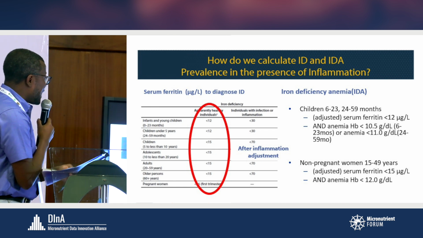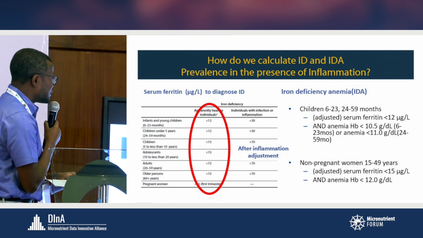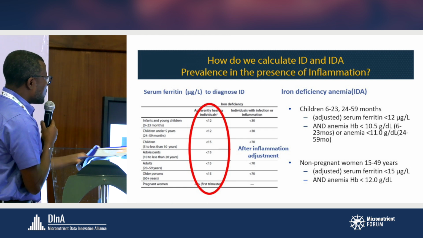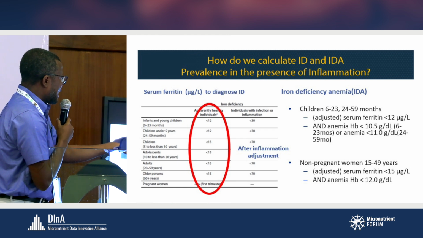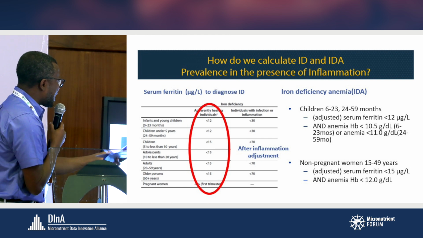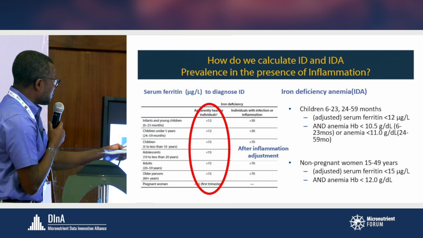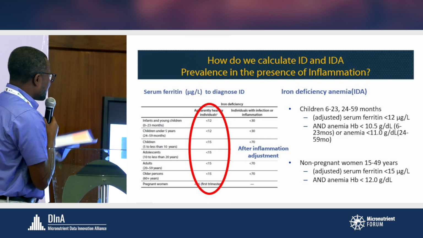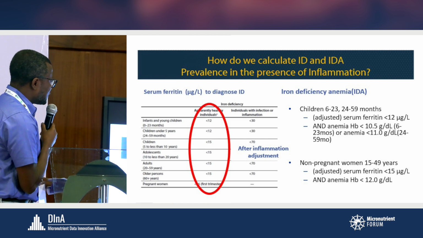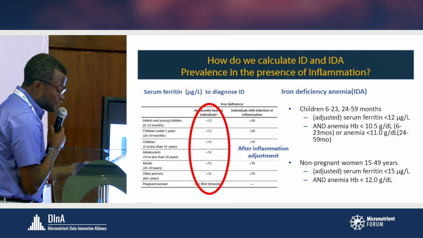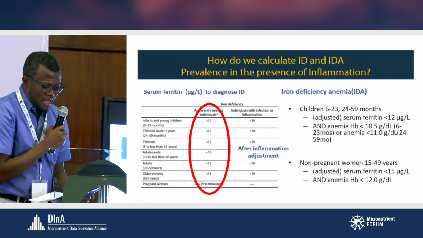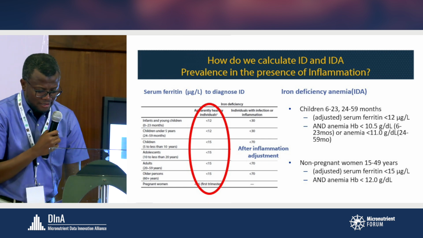On the right-hand side of the panel is iron deficiency anemia. Again, after defining the iron deficiency, we also include anemia based on hemoglobin concentrations. So to get iron deficiency anemia, you have to use ferritin that has been adjusted for inflammation and hemoglobin to define or diagnose iron deficiency anemia. So this is one example. So how do we put all this together?